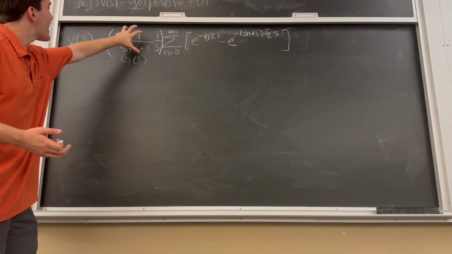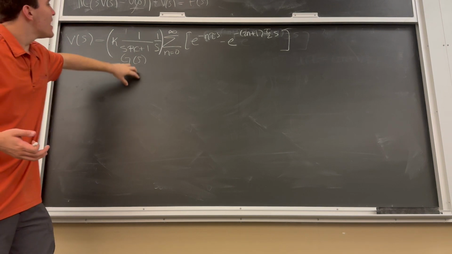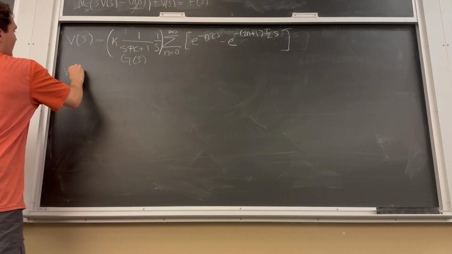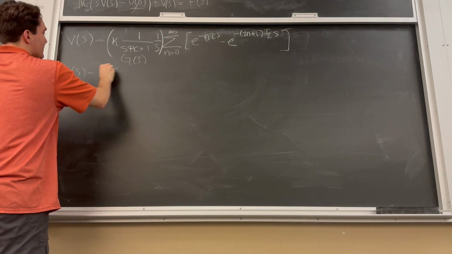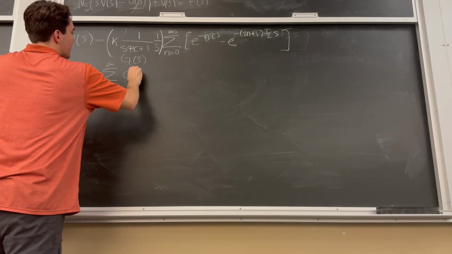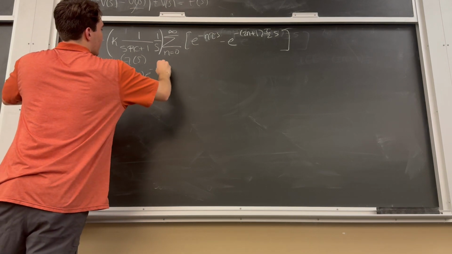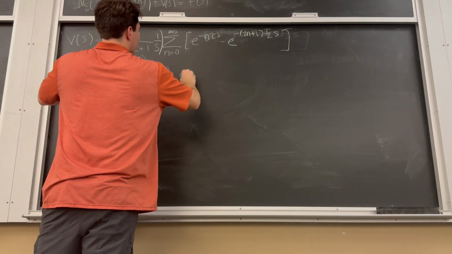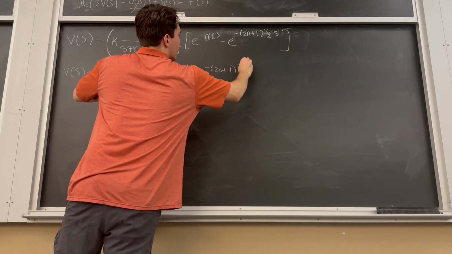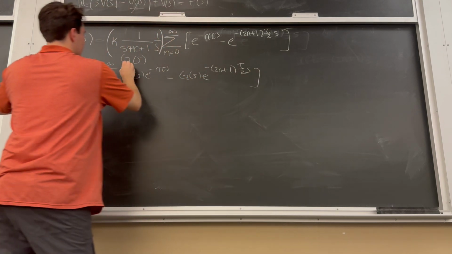If we call what's in parentheses here g of s, and distribute g of s into the summation, I eventually find that v of s is the sum from n equals 0 to infinity of g of s e to the negative n tau s minus g of s e to the negative 2n plus 1 tau halves s, close the summation.